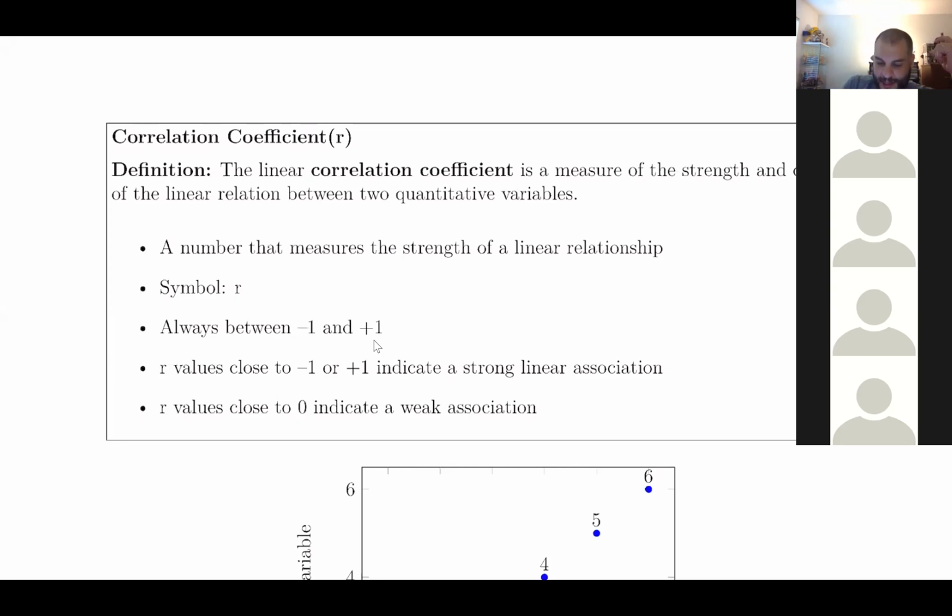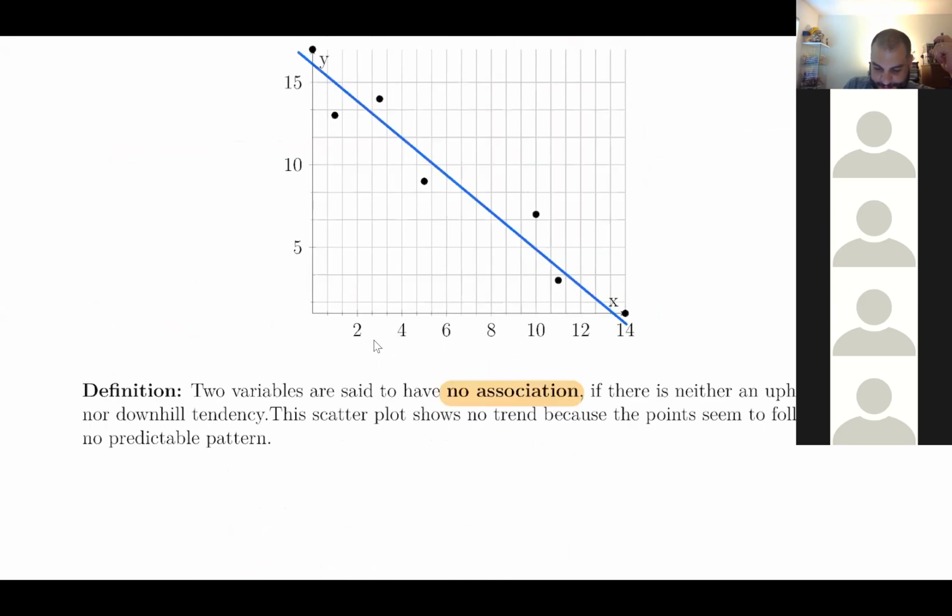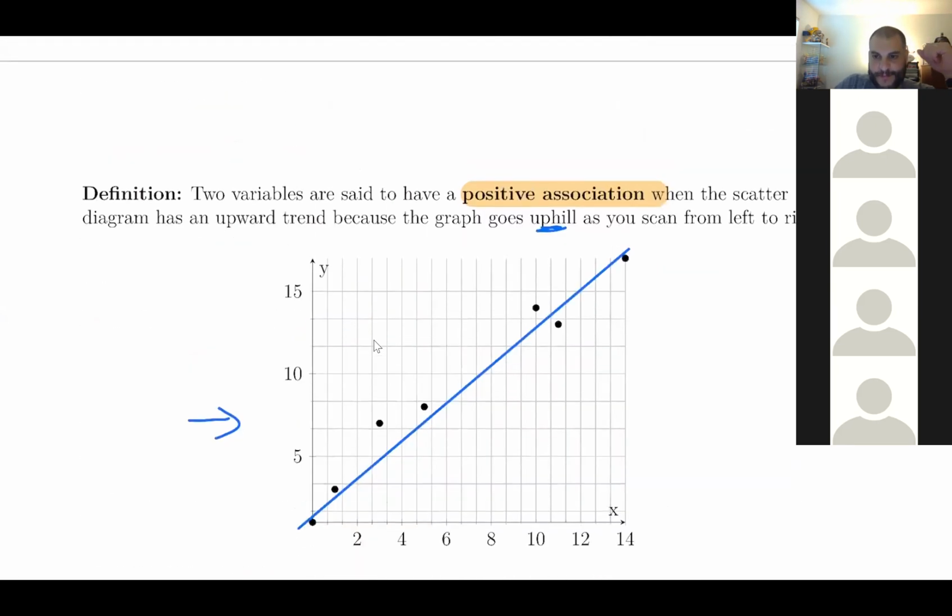So let's go back to the scatter plot. And here, let's do a poll. Haven't done a poll in forever. Launch poll. So let's look at this one. A is -1, B is 0, and C is 1.